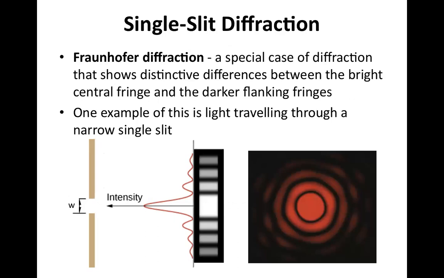Fraunhofer diffraction is a special case of diffraction that shows distinctive differences between the bright central fringe and the darker flanking fringes. And one example of this is light traveling through a narrow single slit. So if the opening is circular, so this is like a cross-sectional area of that barrier, and here would be your light source.